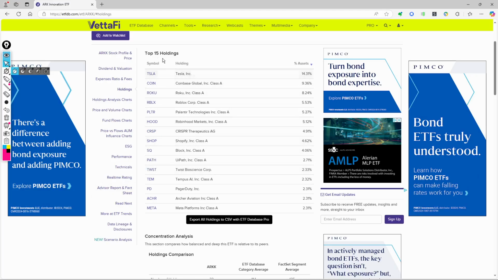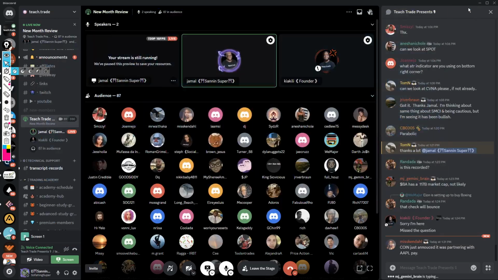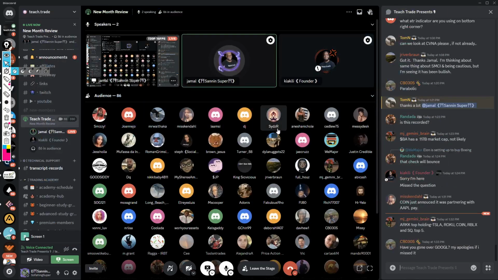But this is a nice little wrap up of some good stocks to buy and hold, including your Palantir, your Robinhood, your Coin, as well as Tesla. This is a good bang for your buck as far as getting a taste of all of those good stocks with one single play.